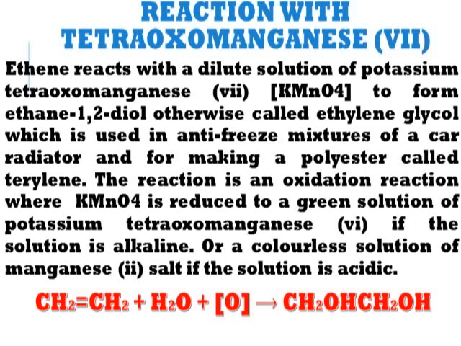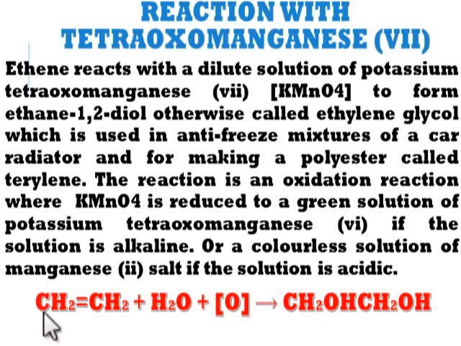The reaction is an oxidation reaction where the potassium tetraoxomanganese 7 is reduced to a green solution of potassium tetraoxomanganese 6 if the solution is alkaline, or to a colorless solution of manganese 2 salt if the solution is acidic.